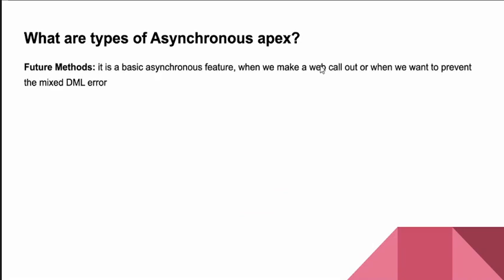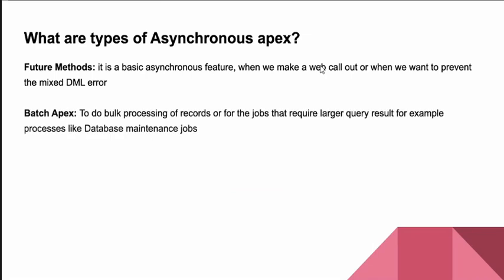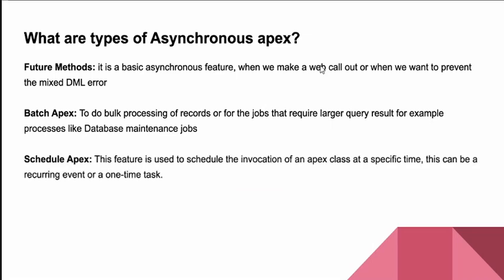So let's see. Future methods, as you said, are used to prevent mixed DML errors and to make web callouts, service callouts. Batch apex: whenever we have any large query jobs to run, we go for batch apex. Schedule apex, as the name itself says, schedule.